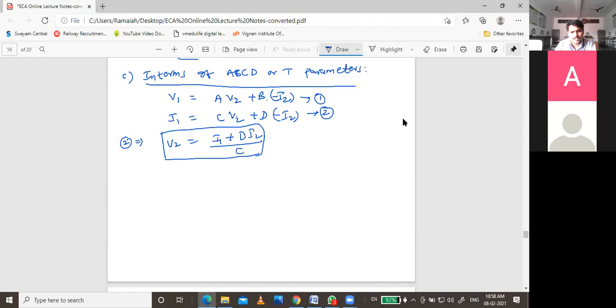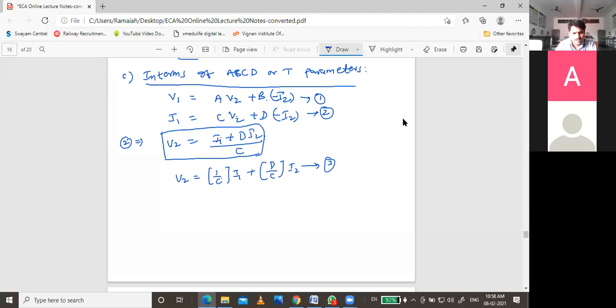So V2 equal to 1 by C into I1 plus D by C into I2, equation number 3. Like V2 equal to Z21 I1 plus Z22 I2. Therefore, Z21 is 1 by C, Z22 is D by C.